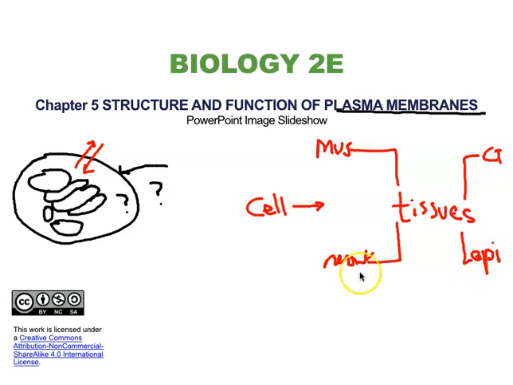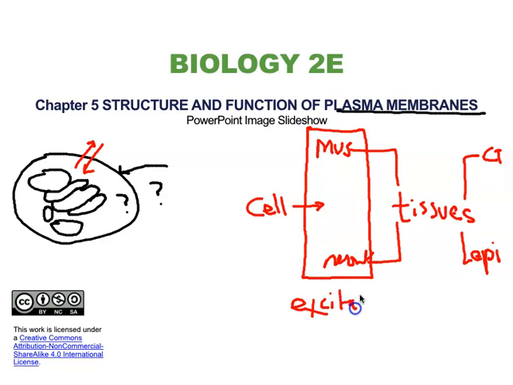How is it Mother Nature, by this really simple design of a plasma membrane, can create a subset of tissues that are excitable, and then others that are used primarily as insulation? Connective tissues, epithelial tissues.